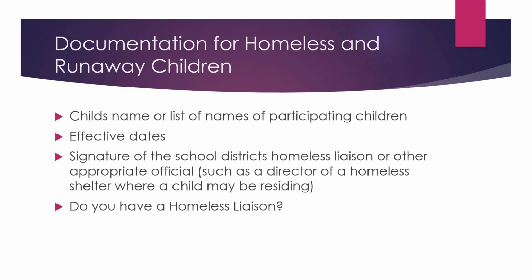Usually this is a director of a homeless shelter where a child may be residing as well. So just reach out and see if your district or school has a homeless liaison and can provide this documentation for you. And keep in mind this is a fluid document, so you might need to get these on a regular basis.